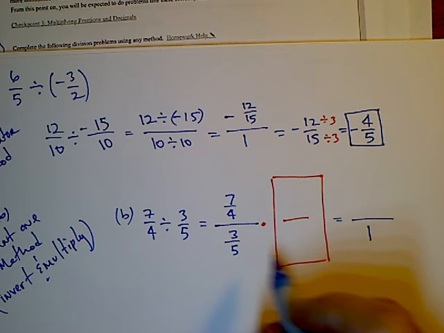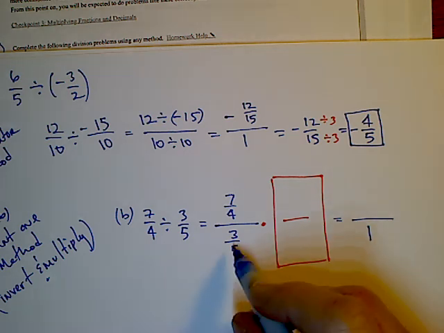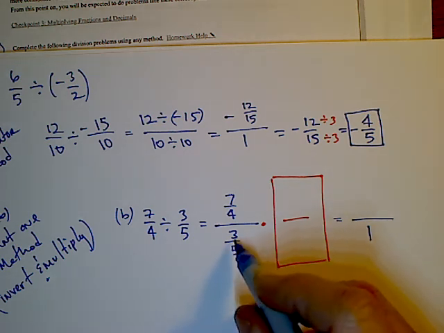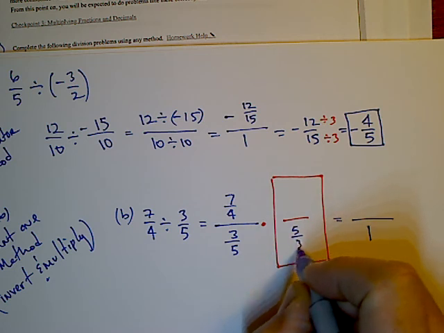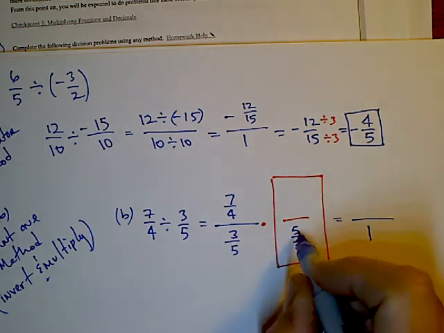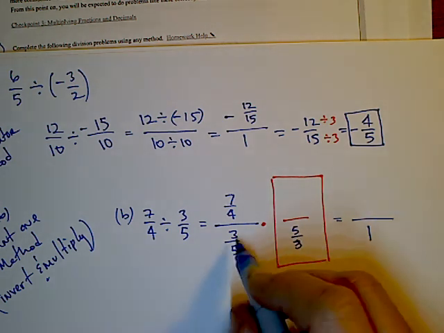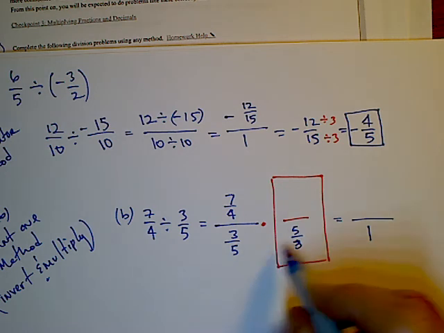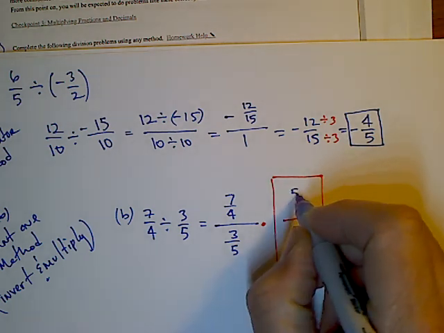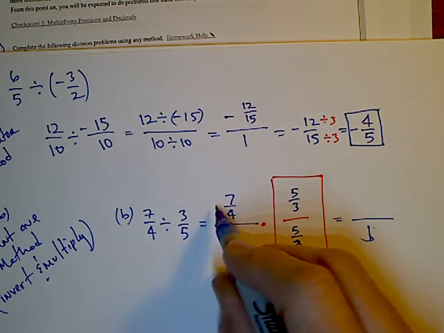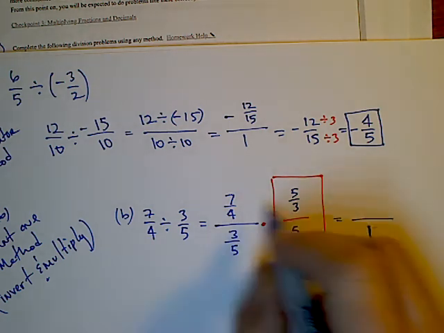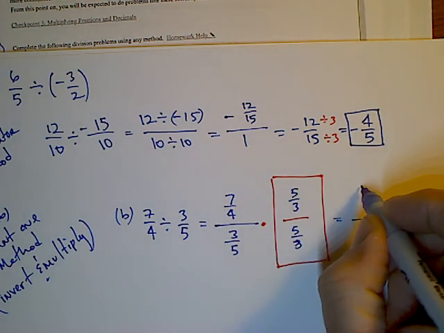The reciprocal of 3 fifths is 5 thirds, so 3 fifths times 5 thirds is 1. That's why I'm going to make my giant 1 5 thirds over 5 thirds. When I multiply straight across, on top I have 7.